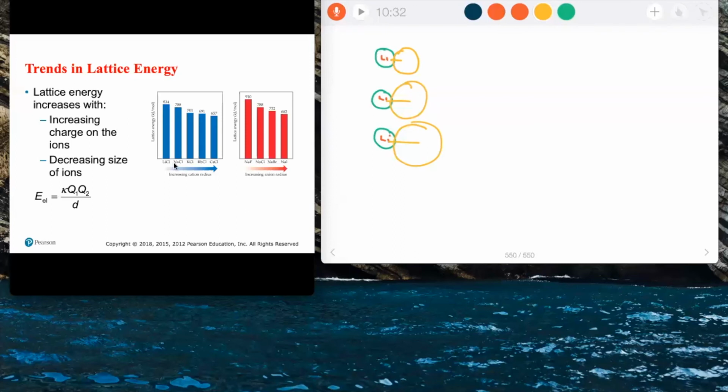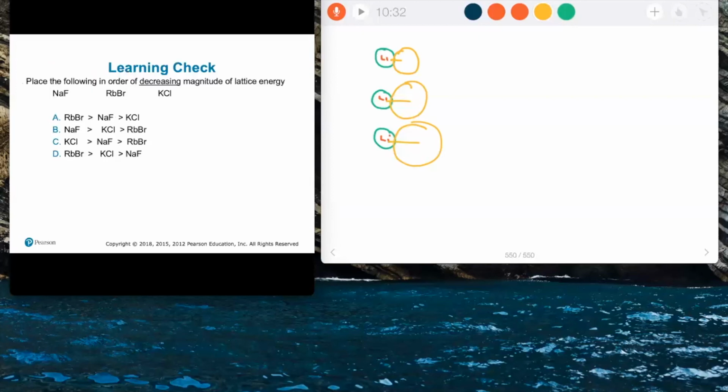This is group 1 metals, and if you look at the trend, I think we looked at this as decreasing as the ionic radius of the cation increases down the group. Likewise for the anion, if you look at the same, it increases in cation radius, anion radius, and it follows the trend.